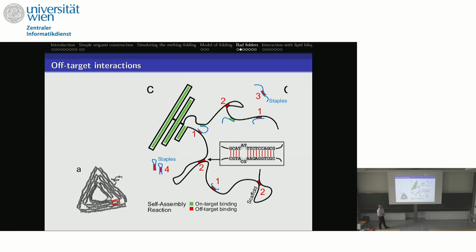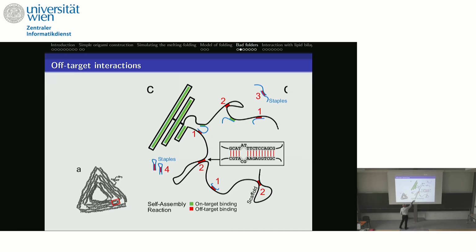So this is part of the folding of this triangle. The green means that the staples are doing their job. Okay, so they are well folded, as you expect, but there are other situations where the staple doesn't do what you expect. So there are 4 different situations. This one is a staple that is binding to a wrong place along the scaffold, and this is quite common.